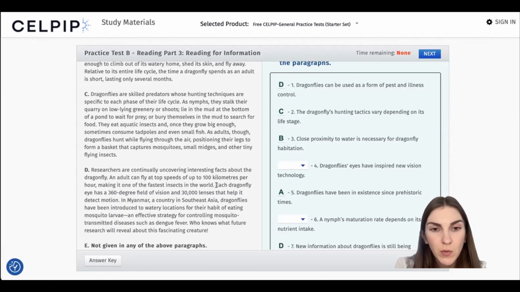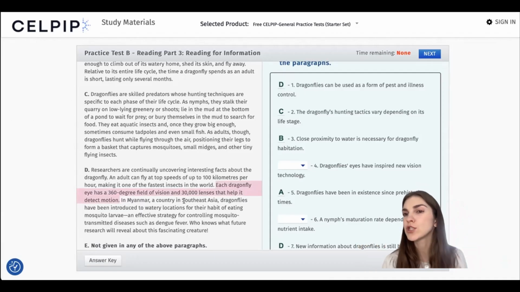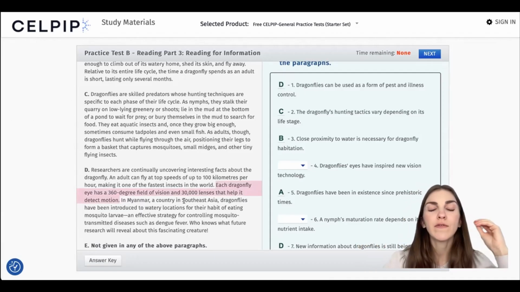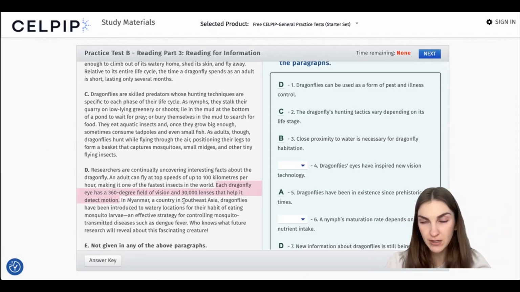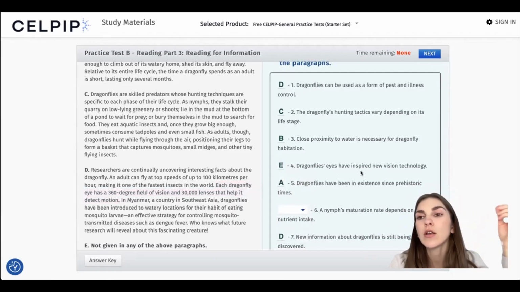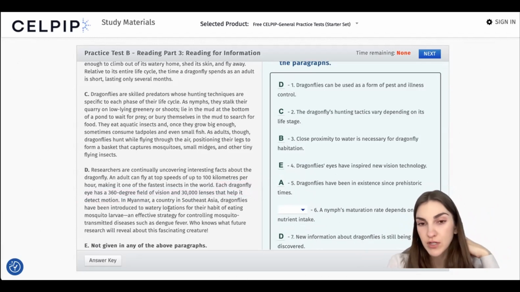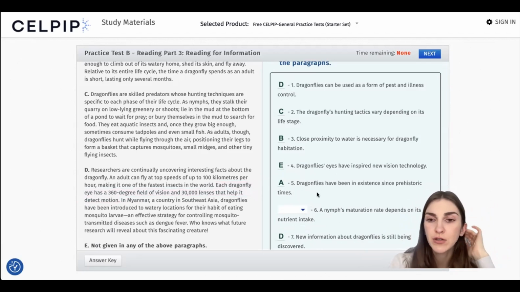That's it, only one sentence, and nothing is said about inspiration or new vision technologies. So if you choose D, you'll get the wrong answer. If you got the wrong answer, come back and check why it is wrong, okay? And here we will choose E because this information is not given in any of these paragraphs.